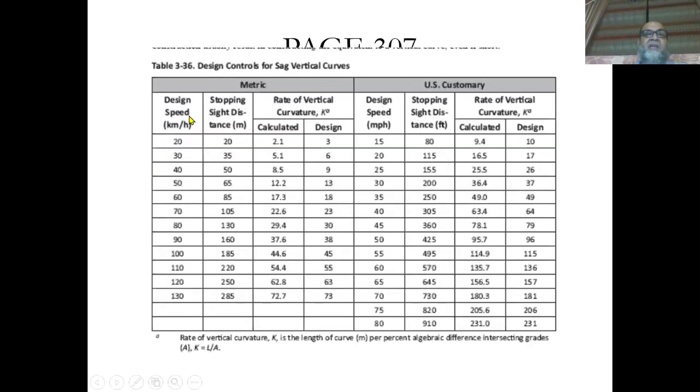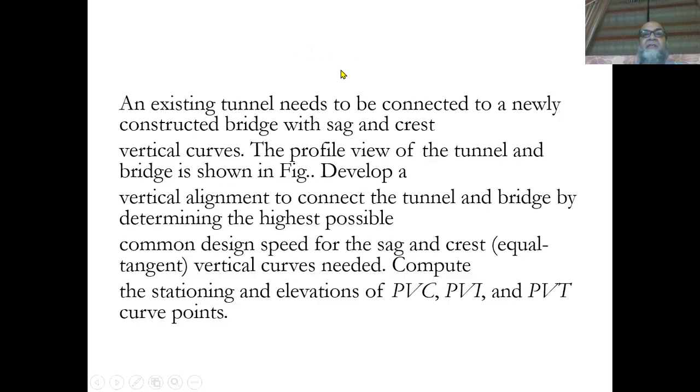This is 3-36 at page 307 of your book. Now let's see another problem in which there is a tunnel that needs to be connected to a newly constructed bridge with sag and crest vertical curves. We can see this profile view from the figure.